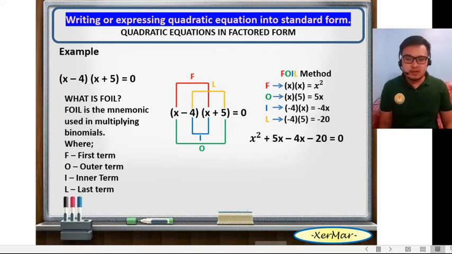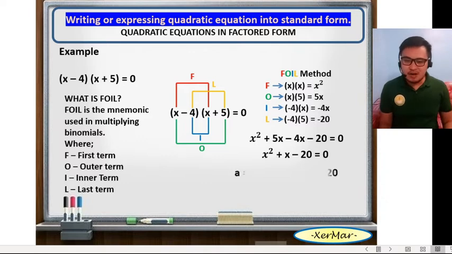Here, in our equation, x squared plus 5x minus 4x minus 20 equals 0, the similar terms are 5x and negative 4x. Since the terms have different signs, we subtract and copy the sign of the number with higher absolute value. Therefore, our new equation is x squared plus x minus 20 equals 0.